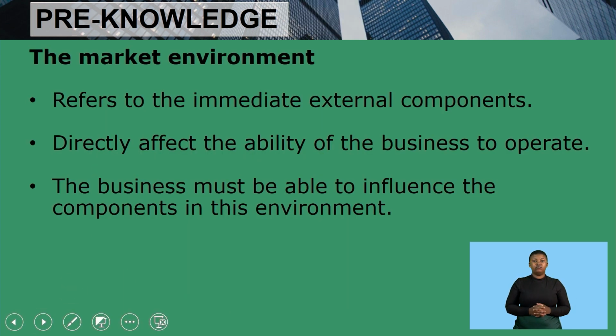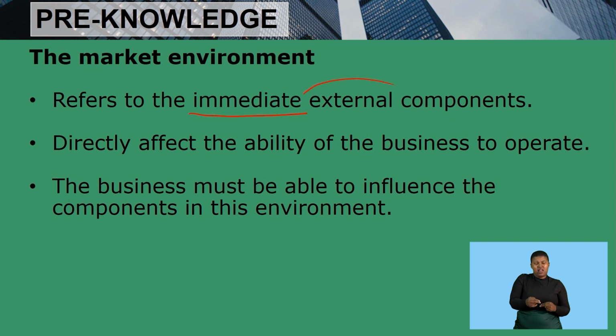Then you should also already be familiar with the definition or the meaning of the market environment. When we refer to the market environment, we refer of course to the immediate external components or external environment of the business. Everything that happens in this environment has a direct effect on the ability of the business to operate.